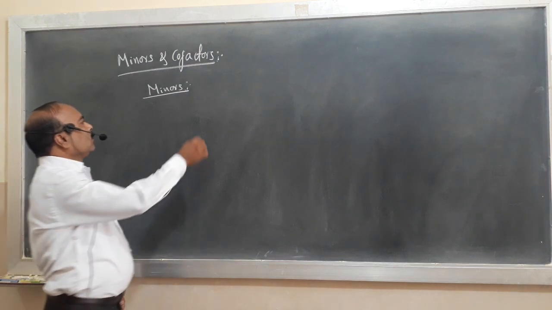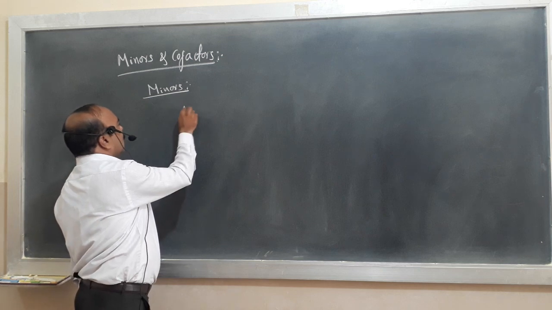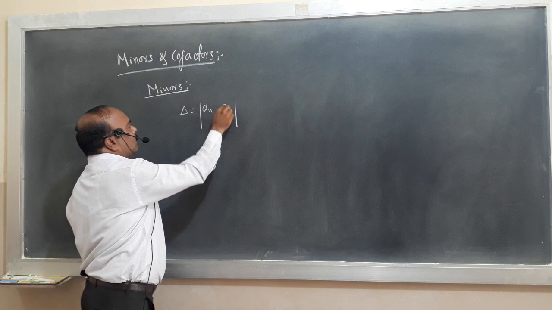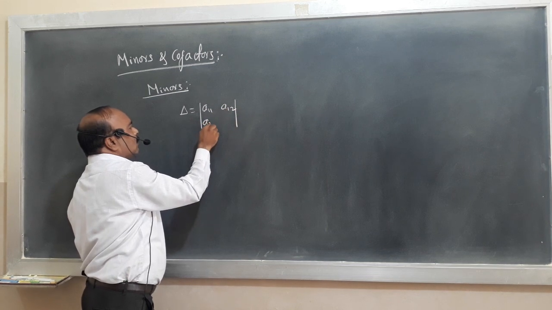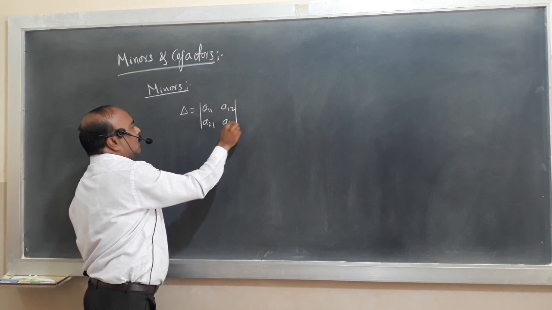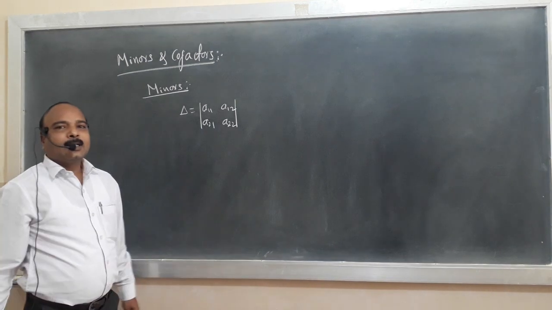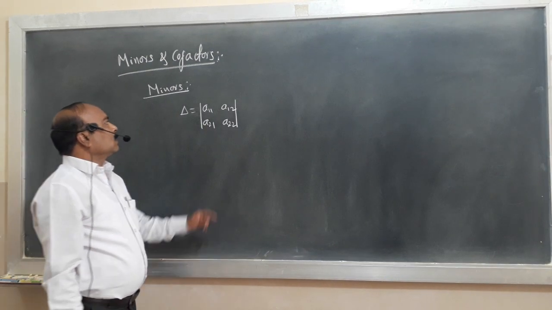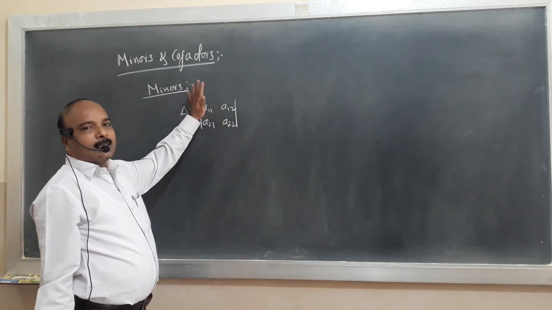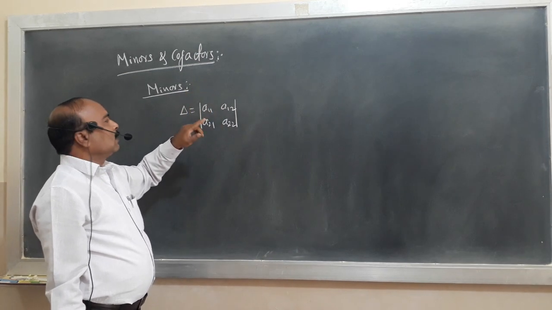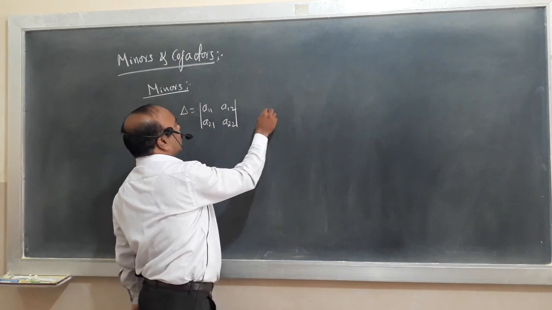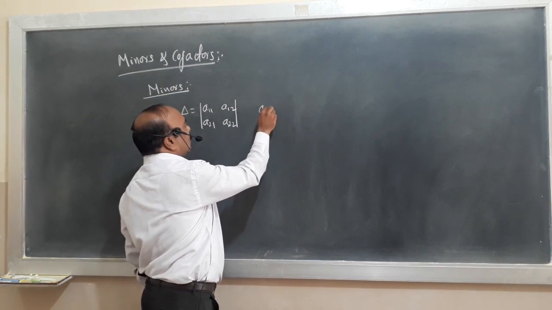So for that, consider a determinant delta equal to the second order determinant with elements A11, A12, A21, A22. It is a determinant of order 2. Now the minor of this determinant is defined as follows: we say the minor of the element Aij in general.